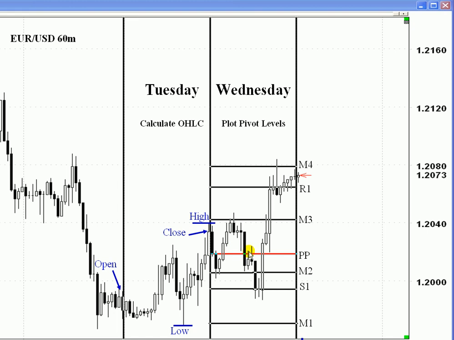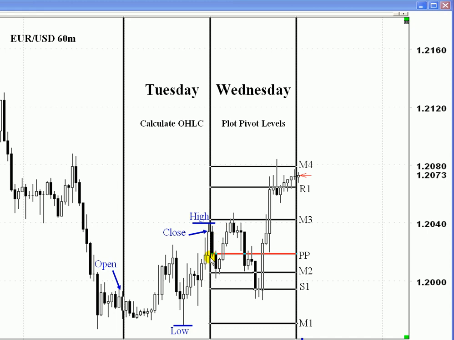Here is our central pivot point, and we have our first level of support, and of course the midpoint between the first level of support and the pivot point. And the second level of support falls below what we can see here on the chart, but above the central pivot point we have our level of resistance with the midpoint in between.